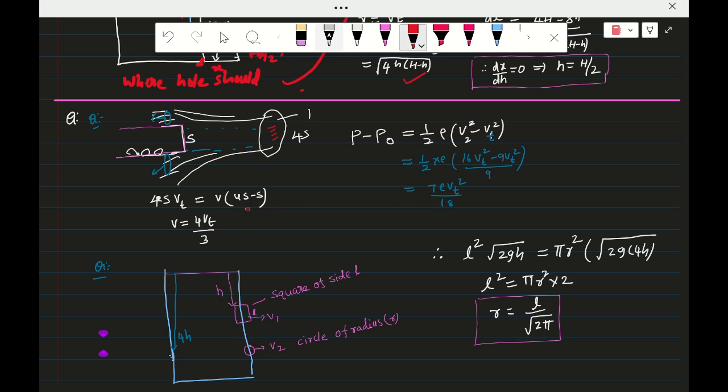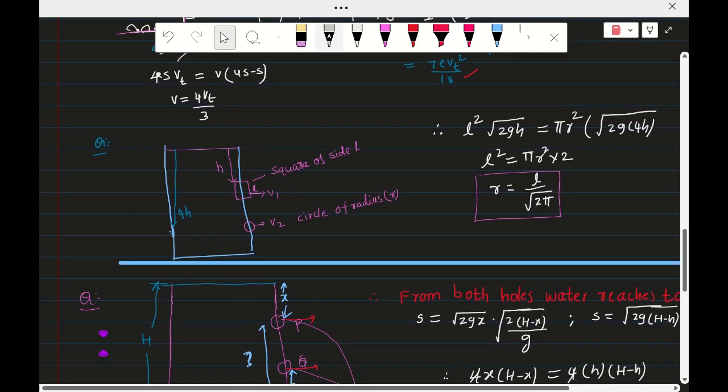Then the air is filled on both sides of the train in area 4S minus S, so that equals 3S. So V2 will become 4 into velocity of the train by 3 according to this formula. Now substitute in Bernoulli's equation, well known, so you'll get the answer like this. That is the difference in pressure. So like this, there are many applications. Okay, I will discuss more.